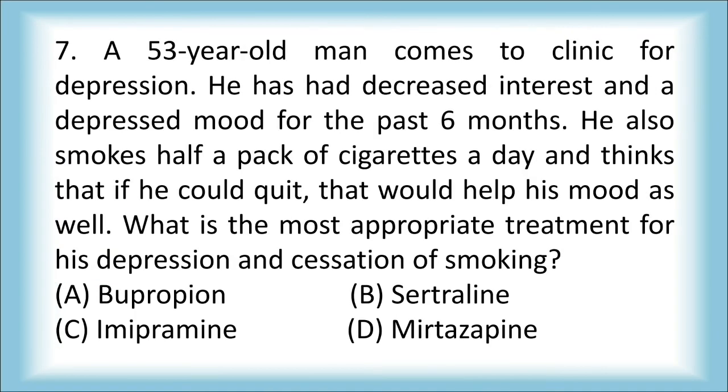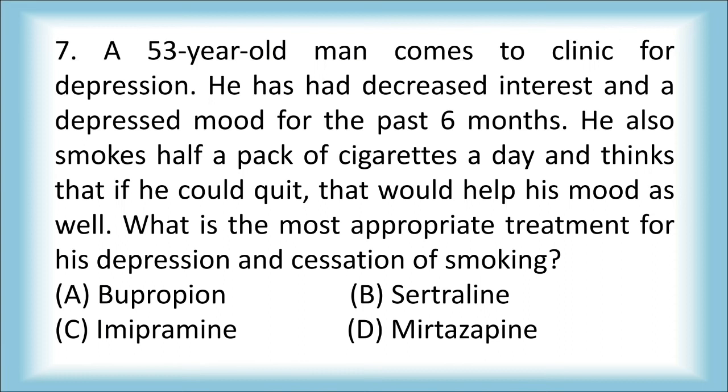Seventh question. A 53-year-old man comes to clinic for depression. He had decreased interest and depressed mood for the past 6 months. He also smokes half a pack of cigarettes a day and thinks that if he could quit, that would help his mood as well. What is the most appropriate treatment for his depression and cessation of smoking?